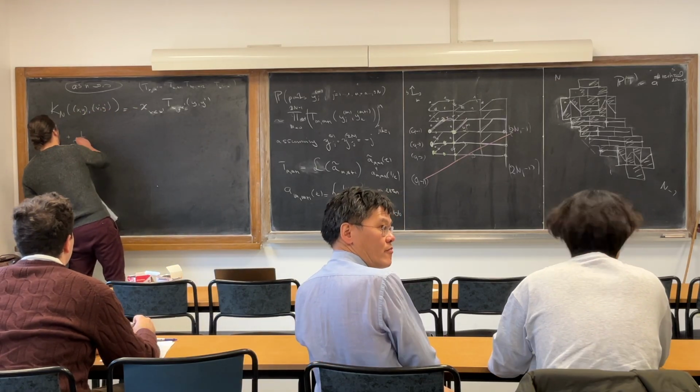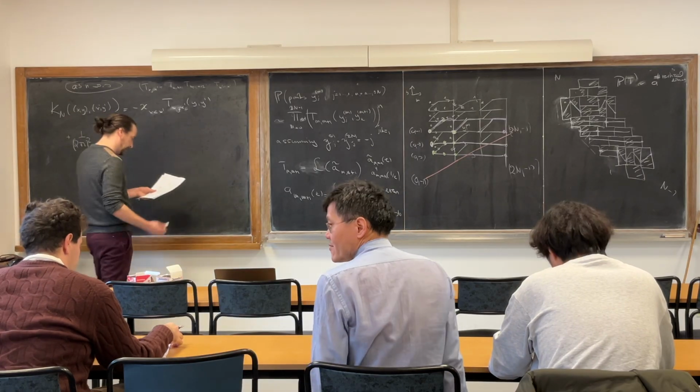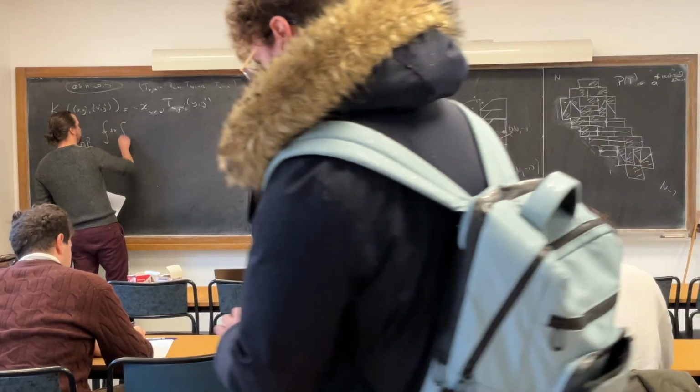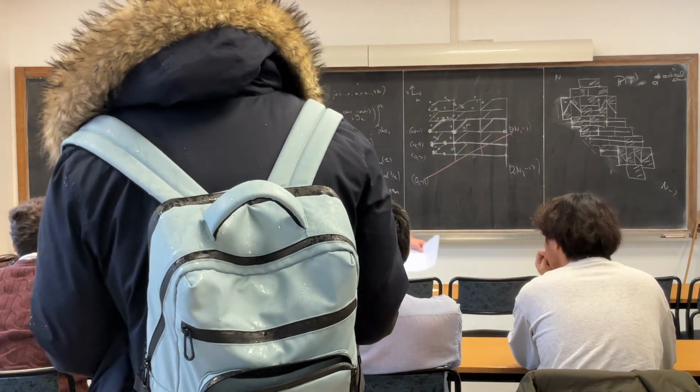Plus, and now I have 1 over 2 pi i squared times the integral here, dz, integral over dw. I like this notation.